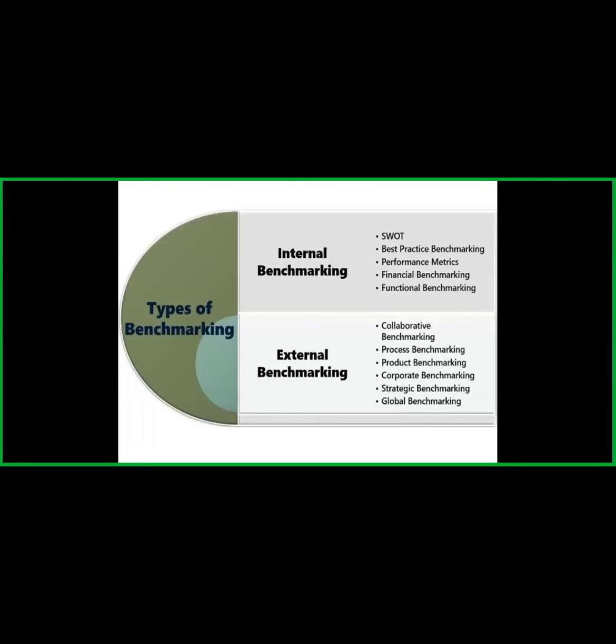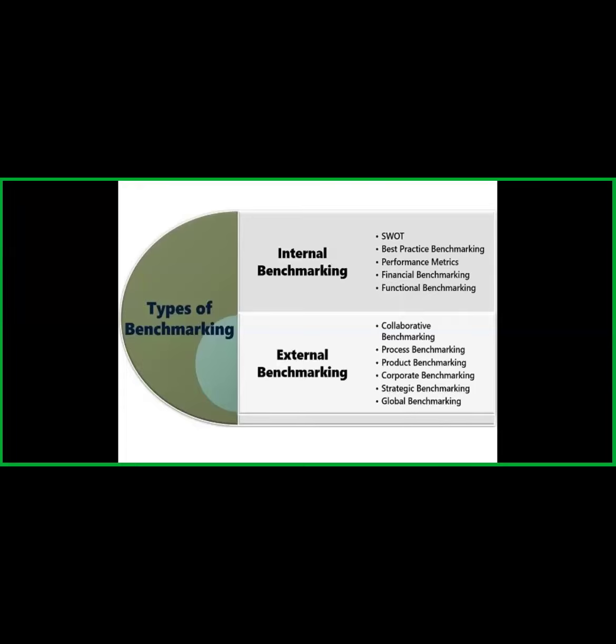types of benchmark. So SWOT analysis, strength, weakness, opportunity, threat, that we have discussed in detail. So this type of benchmarking is called SWOT analysis benchmark, where the organization is trying to evaluate its strengths, its weaknesses, its opportunities, and where the threats are which are being posed by the competitors to the organization.